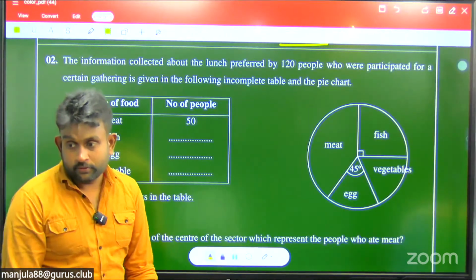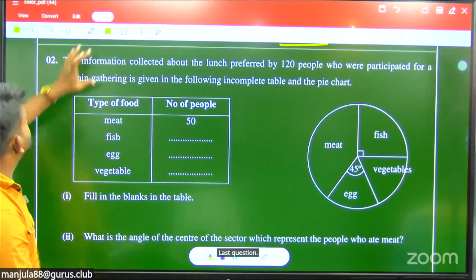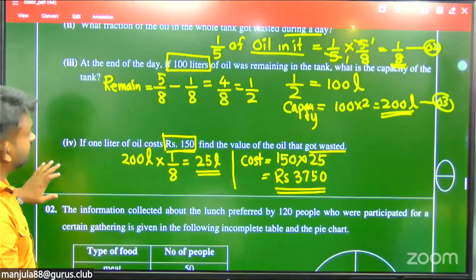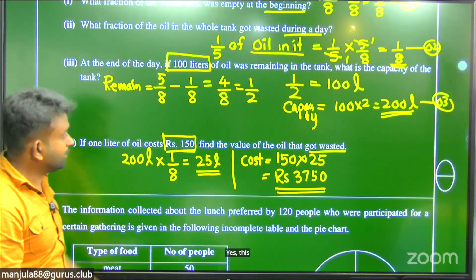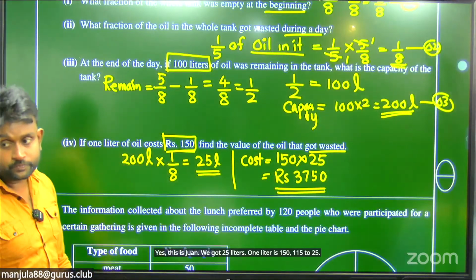Right. Last question of part B1. Yes, this is the one. We got 25 liters. 1 liter is 150, 150 into 25.